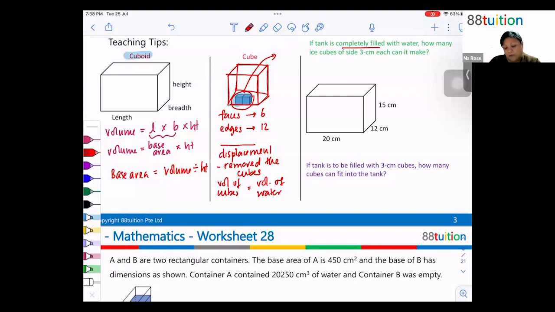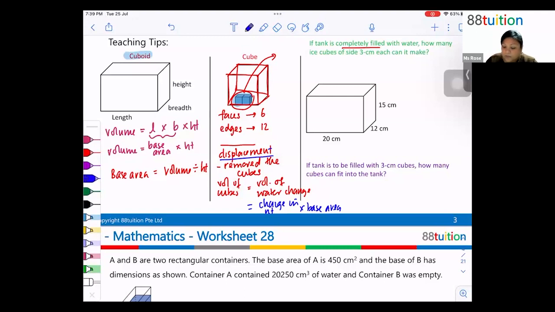That means when you remove the cube, the volume of the cube is equal to the change in height times the base area of the container. That's what we call the displacement of the cubes, or when the cubes are removed or put in.